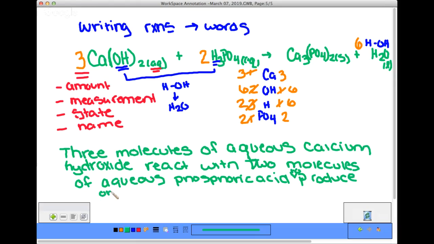We have one molecule of solid calcium phosphate.